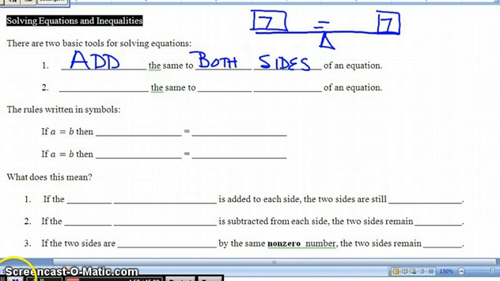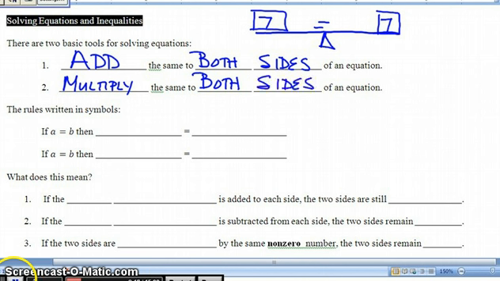The other thing we're going to use to solve equations is we're going to multiply the same integer to both sides, once again keeping our scale in balance.